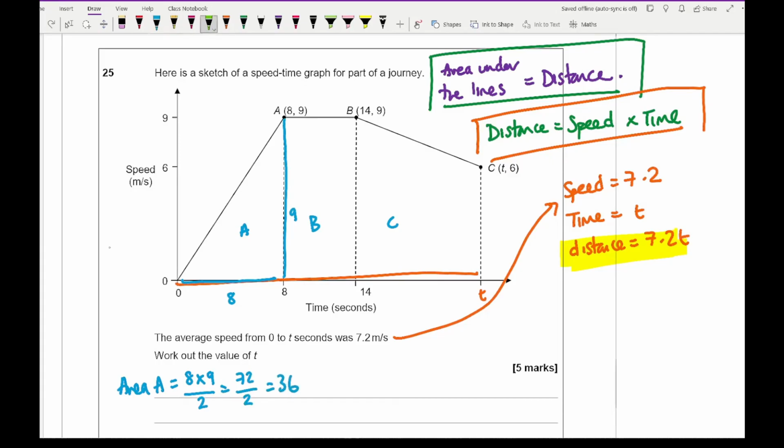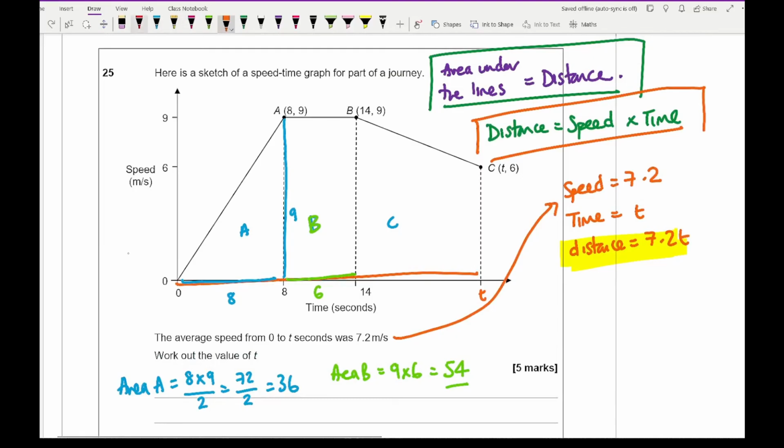I then work out what area B is, in another colour. So area B is a rectangle, and that's got a length of 9 and a width of 6, so it's going to be 9 times 6, which is 54.